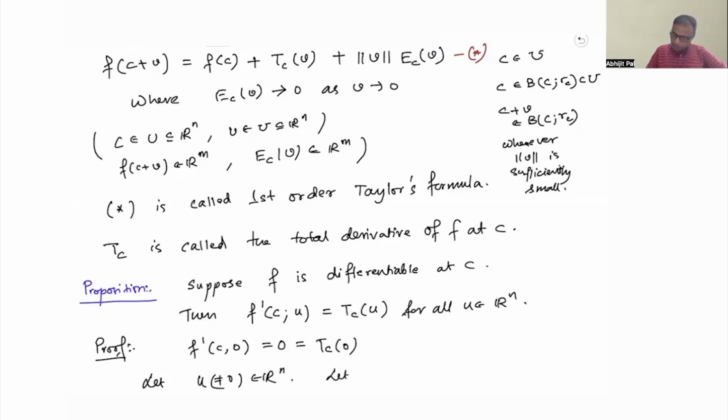And then let us take b equal to hu, where h belongs to R, and h is not equal to 0. So now let us take this f of c plus b minus f of c.